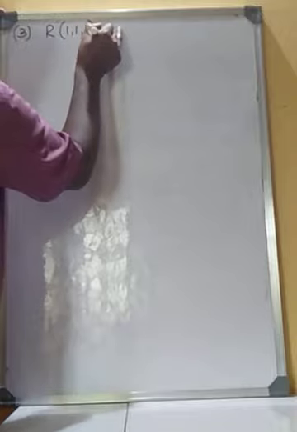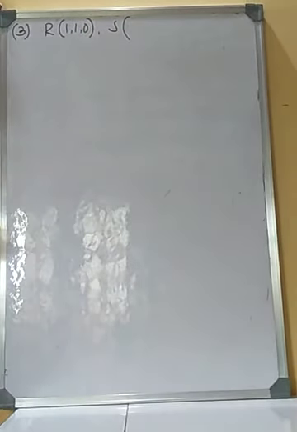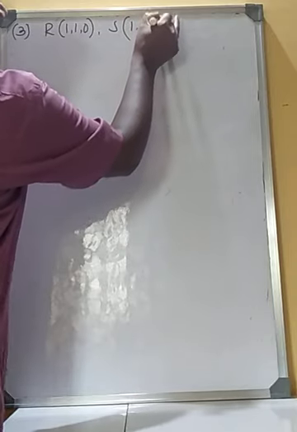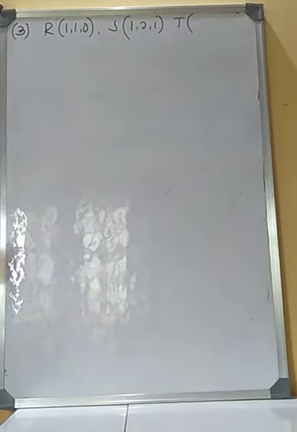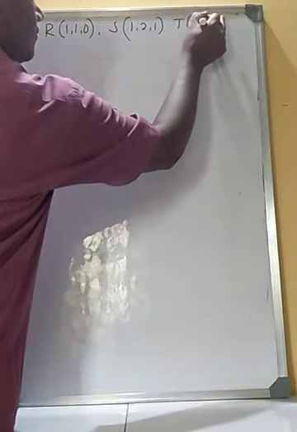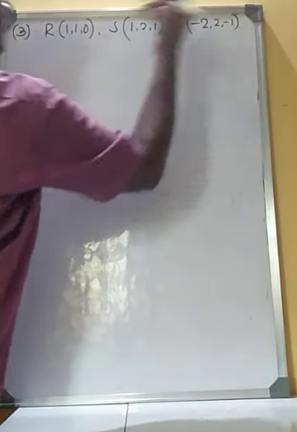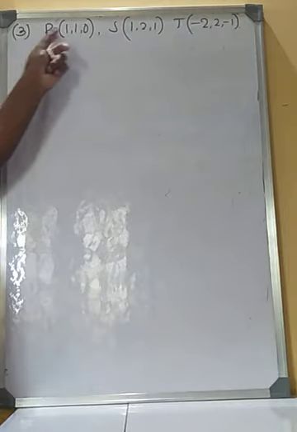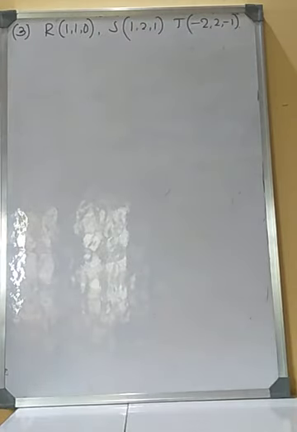The next example 3: find the Cartesian form of the equation of a plane passing through the points R (1, 1, 0), S (1, 2, 1) and T (-2, 2, -1). So using these three non-collinear points, find the Cartesian form of the equation of the plane.